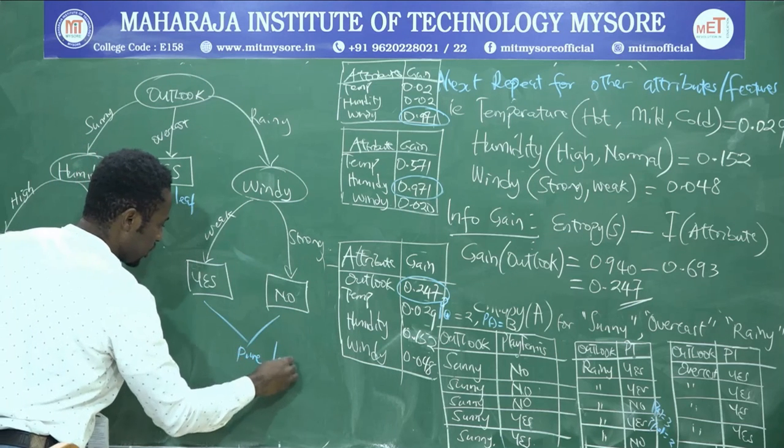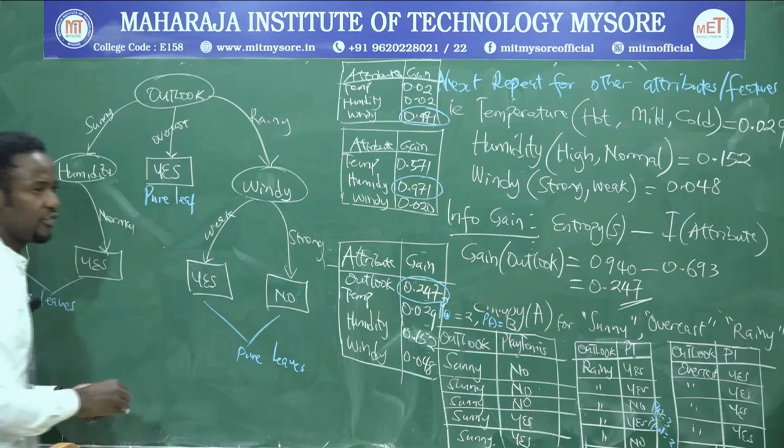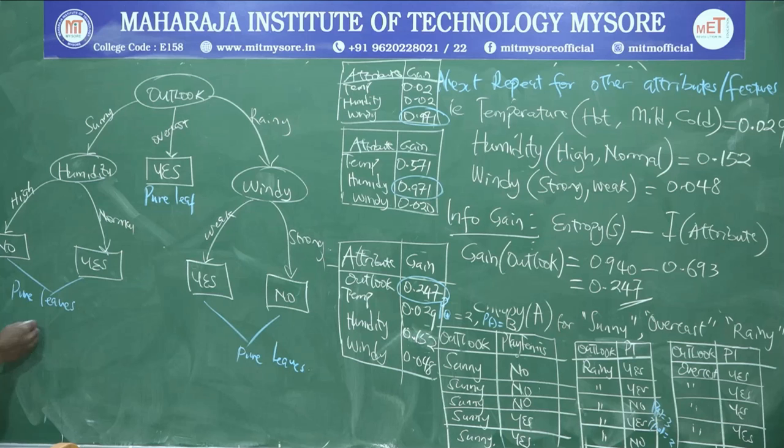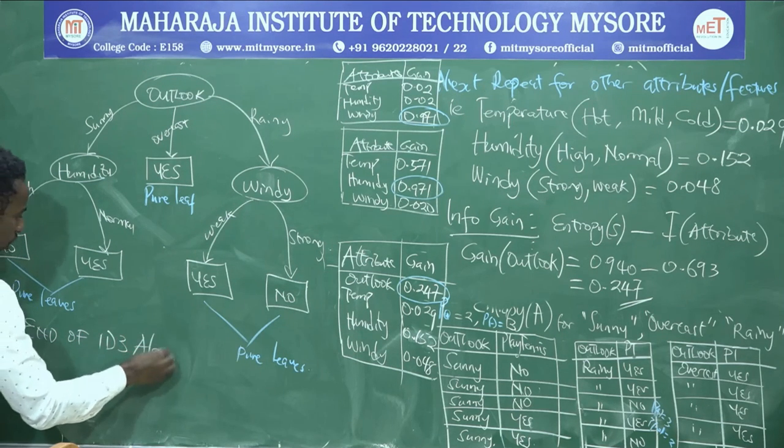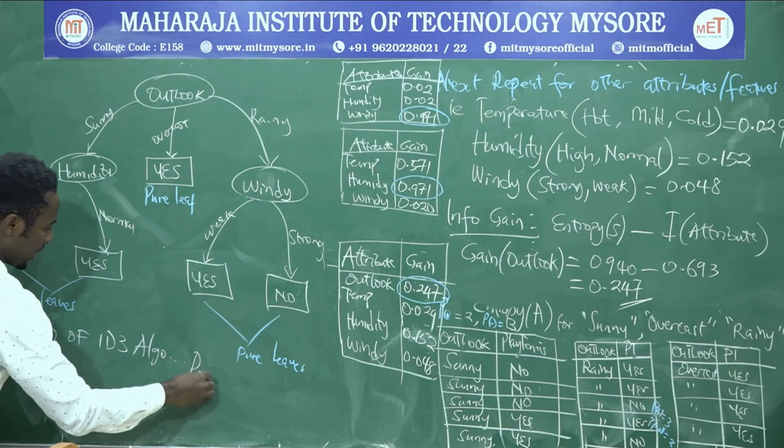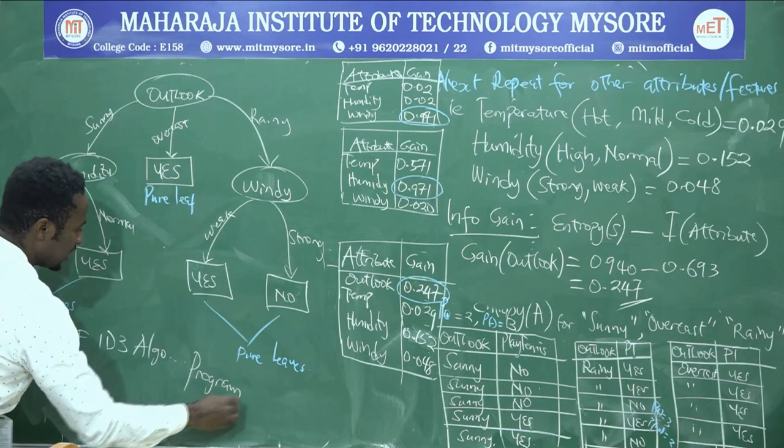So that is the end of the ID3 algorithm. So what happens now? The program terminates. We are done.